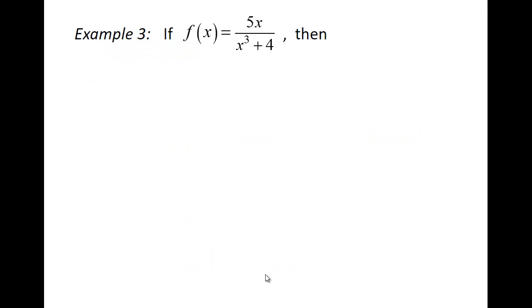Here is my first example. Let's say f of x is 5x divided by x cubed plus 4. What we want to do is find the derivative by using the quotient rule.